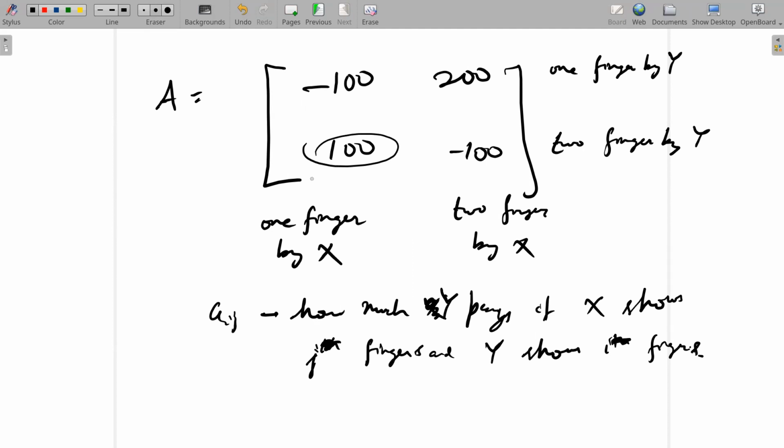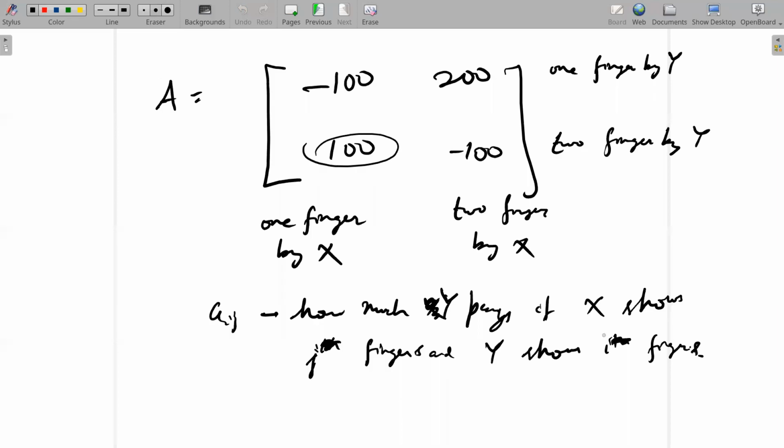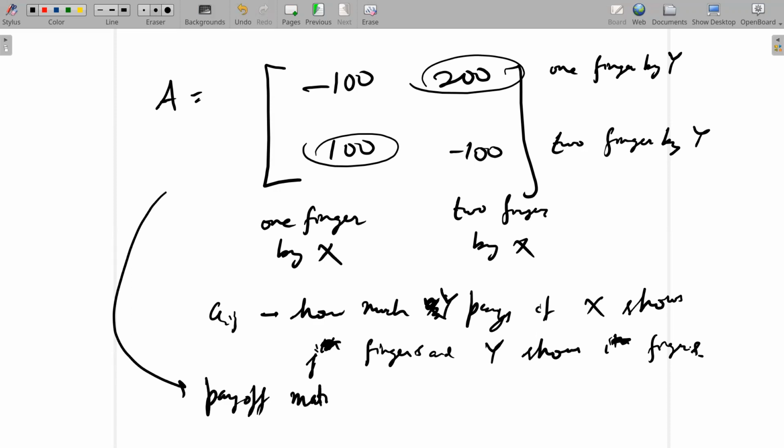The 2-1 entry. So Y shows 2 fingers and X shows 1 finger. So that is rupees 100. So Y pays rupees 100 and here Y pays rupees 200. So this matrix A for this sort of game is called a payoff matrix. It decides after the end of the game who gets what.